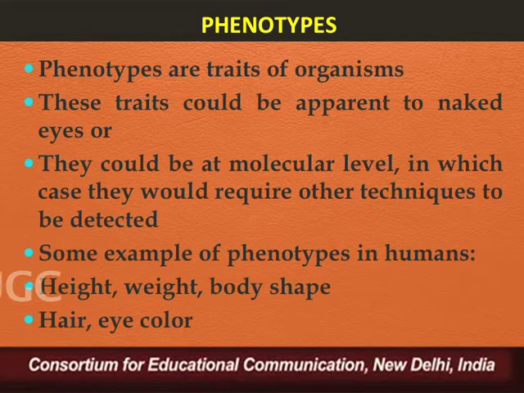Or they might be at the molecular level, in the sense that there might be a protein being produced. That is also a type of phenotype, but we are not able to discern it directly with our naked eye. So we require certain specific techniques to see whether that particular protein is present in an individual or not.